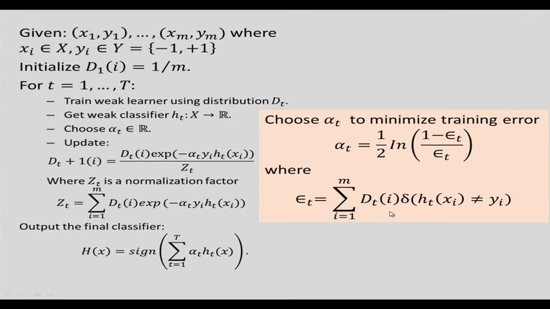So, we are taking the weighted sum of the number of misclassifications, weighted by the probability, right.